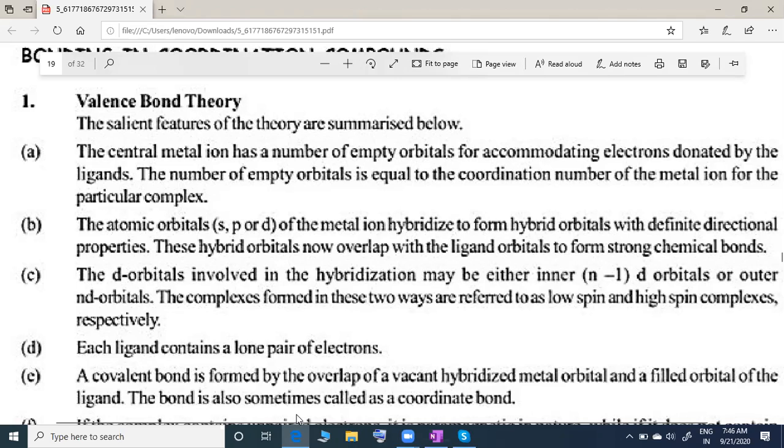The number of empty orbitals is equal to the coordination number of the metal ion for the particular complex. So here we saw that 4 ligands are donating, so that's coordination number 4. That many empty orbitals are provided by the metal. The atomic orbitals s, p, or d of the metal undergo hybridization to form hybrid orbitals.